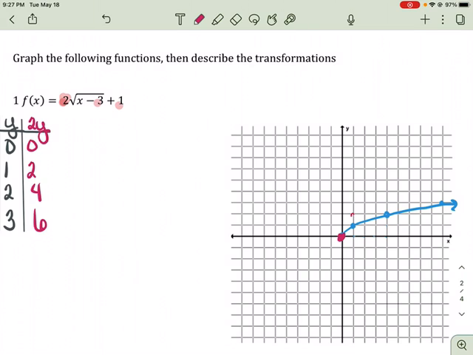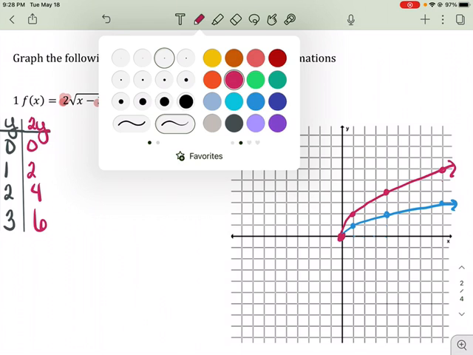Okay, so this is the transformed. You can see that it's been stretched away from the x-axis, closer to y, so there's your vertical stretch concept.